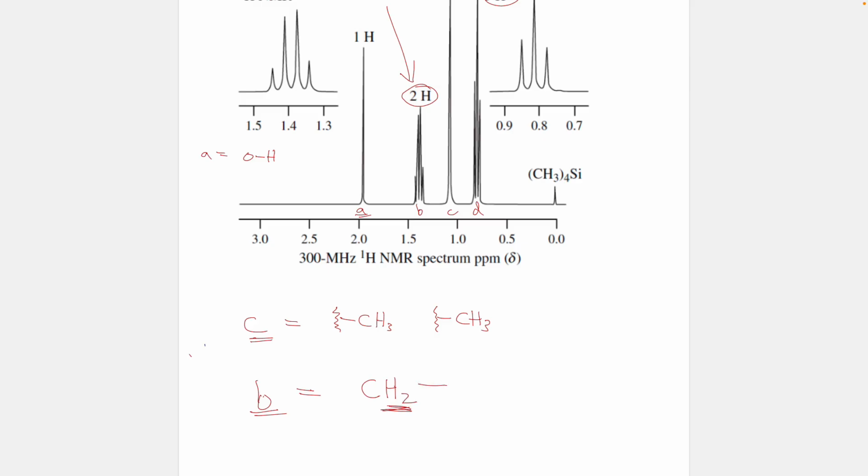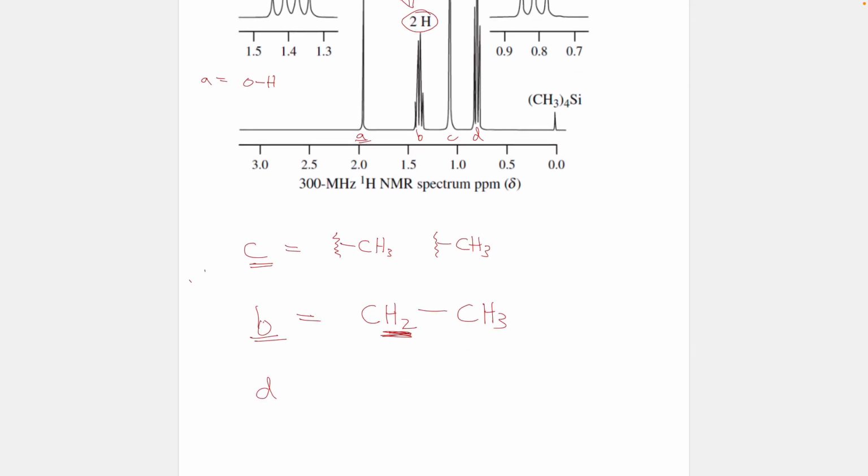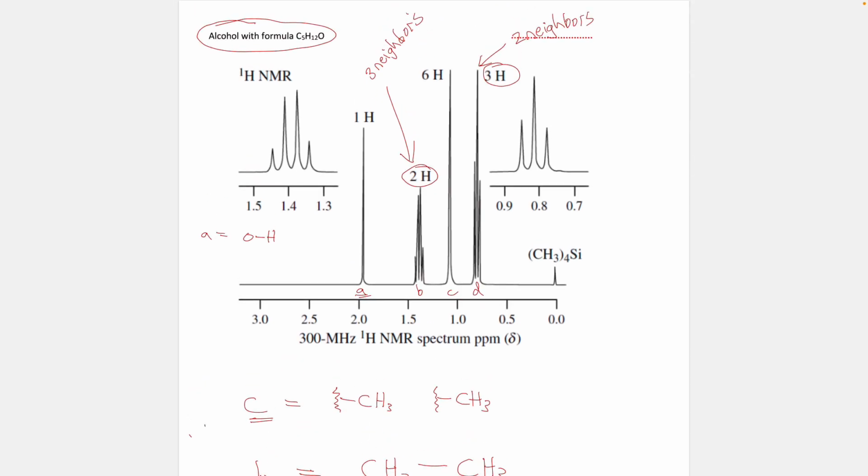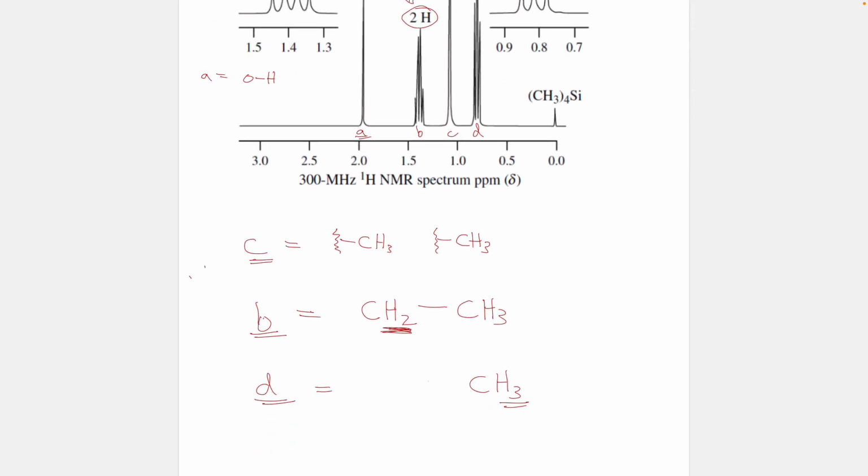So that's the B signal right there. But the splitting is telling me there must be 3 protons next door. So on the next door carbon, there's 3 H's. So I'm going to say CH3. The D signal is related. It is a CH3 because its integration is 3. The D signal has 3 H's, but it's got 2 neighbors. So this is probably a CH3 that's next to a CH2.